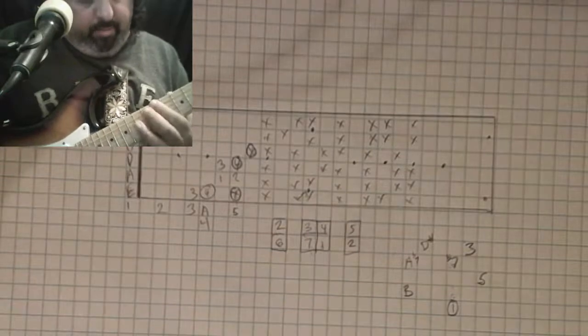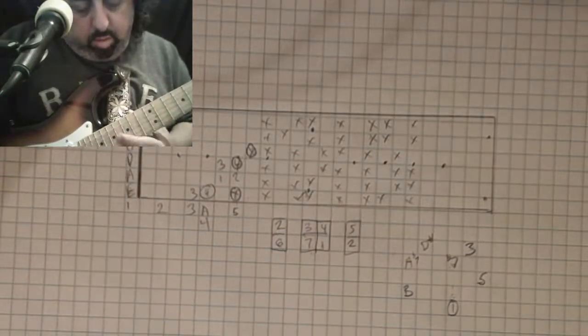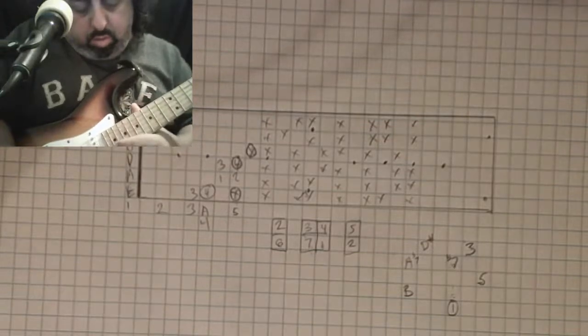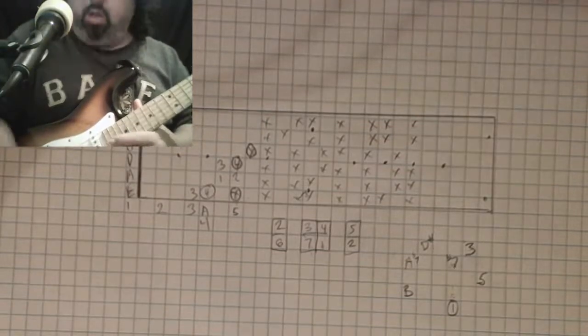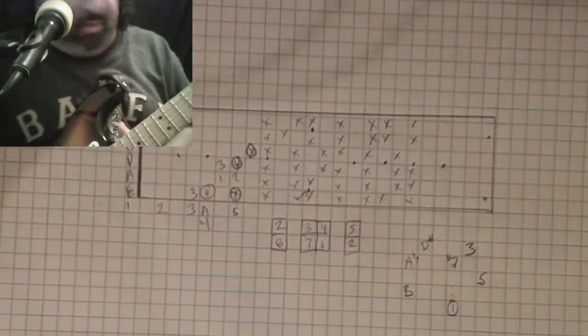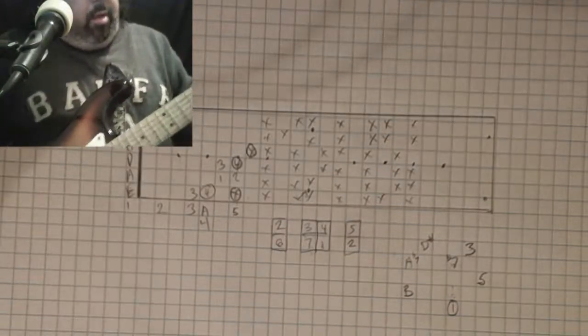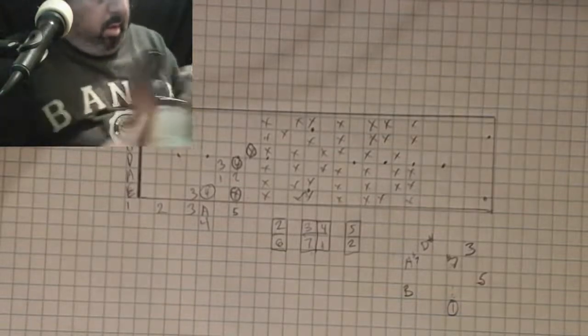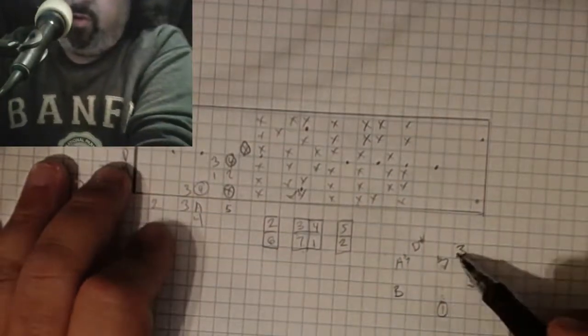Going up to the top. Ran out of frets. So those are the tritones that we need. What we want are the 1, the 3, and the 7th the most.